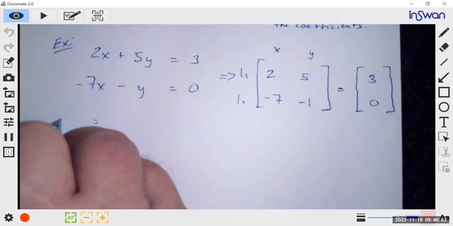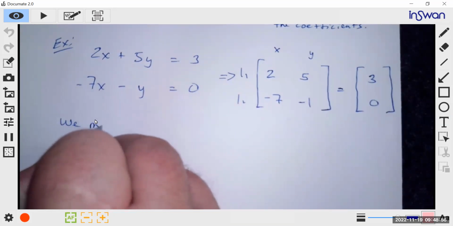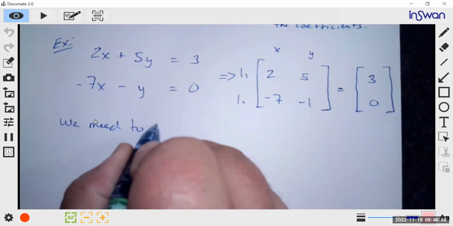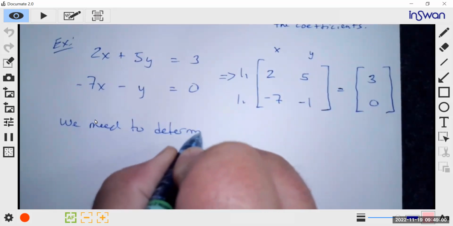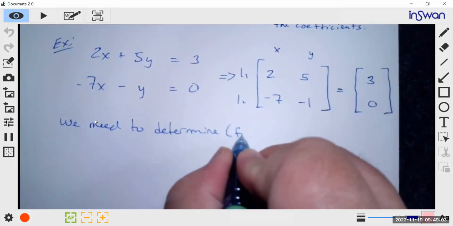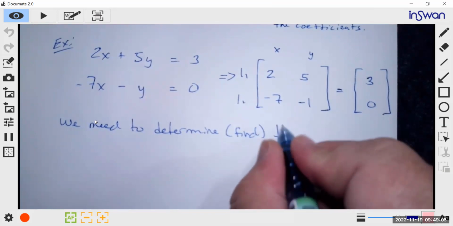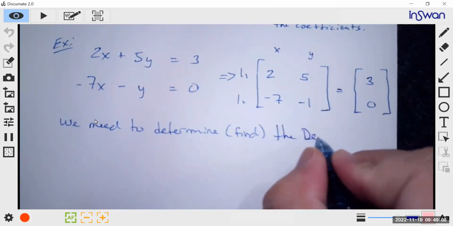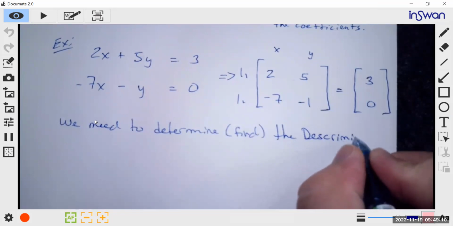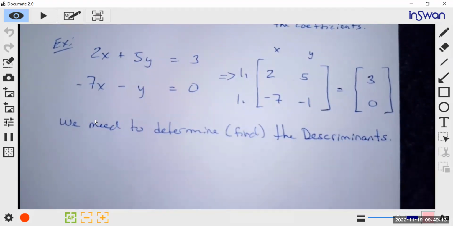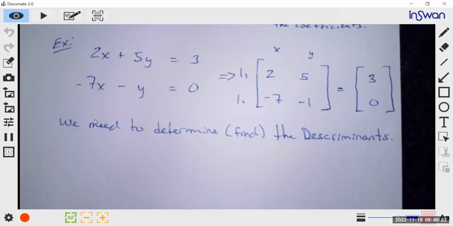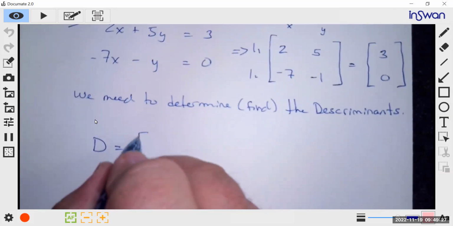Now the calculations. We have to find the discriminant of a matrix.